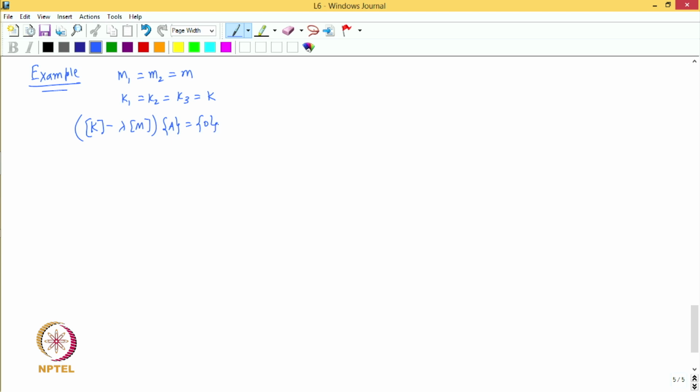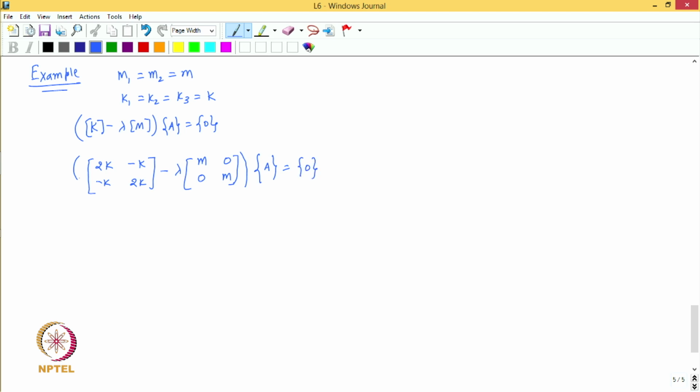So, this was the equation for the eigenvalue problem, and therefore, in this present case the K would now be k1 plus k2, that becomes 2k, minus k2, that is then minus k, and k2 plus k3, that is again 2k, right, minus lambda, and then the mass matrix was m1, that is m, and m2 was also m. So, that is nothing but the mass matrix, and then we have the A here.